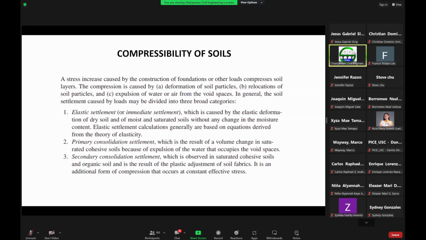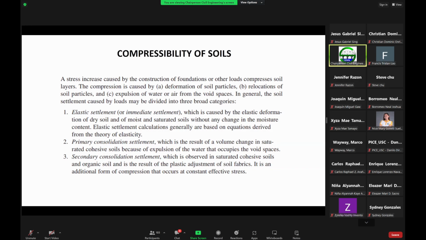These elastic settlement calculations are generally based on equations derived from the theory of elasticity, the theory that you learned in strength of materials, for example.